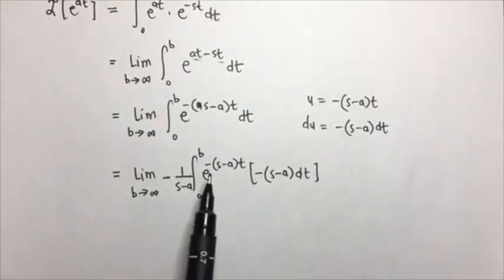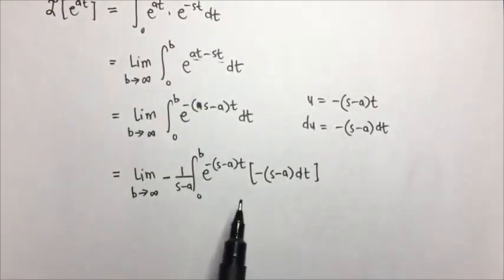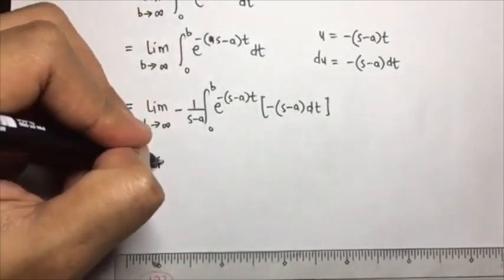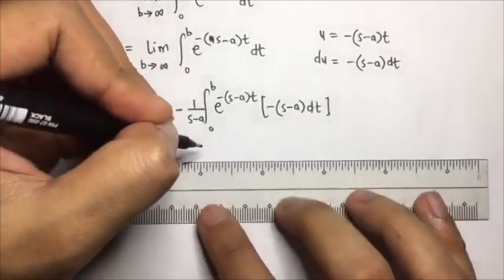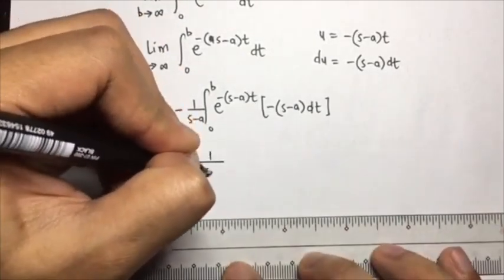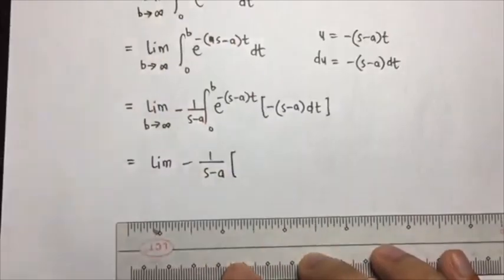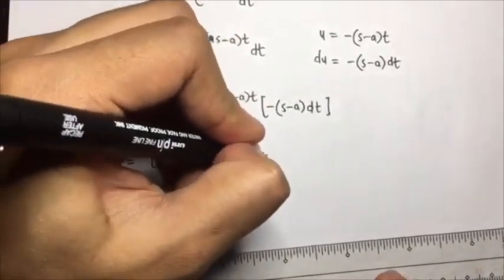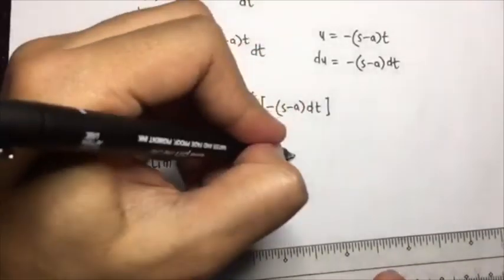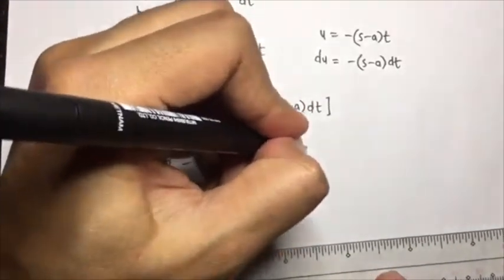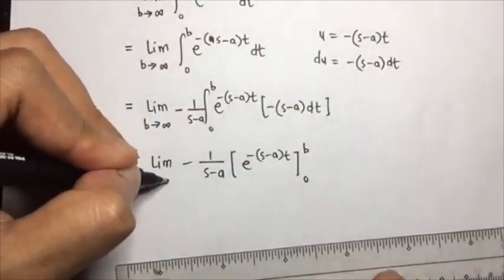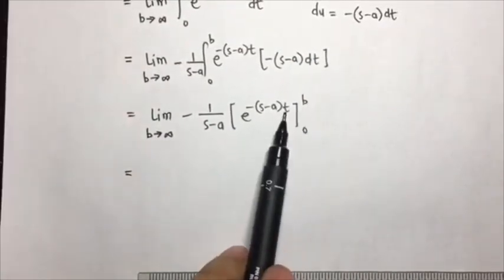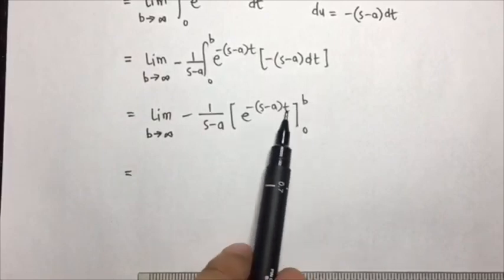Okay, since the differential part is now complete, we can apply the formula for integration of an exponential function. So this becomes the limit of negative 1 over s minus a times e raised to negative s minus a times t, from 0 to b as b approaches infinity. Next, we can substitute the limits b and 0 to t.